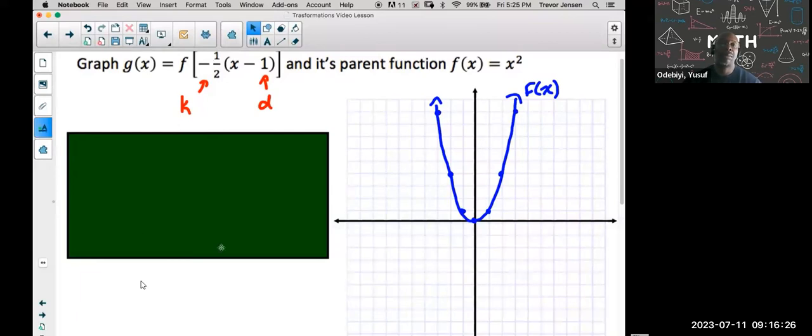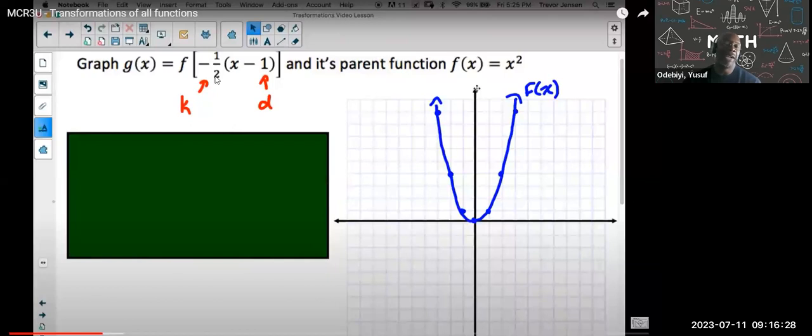For a quadratic, since we're dealing with a parabola, if we reflect it about the y-axis, it doesn't change. It looks the same. It's symmetrical, so it doesn't really change.